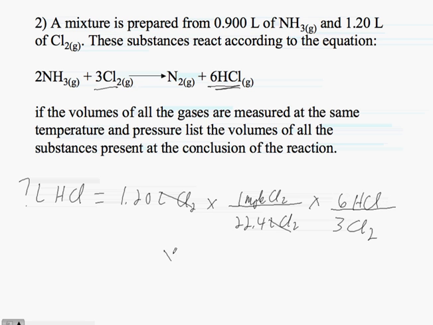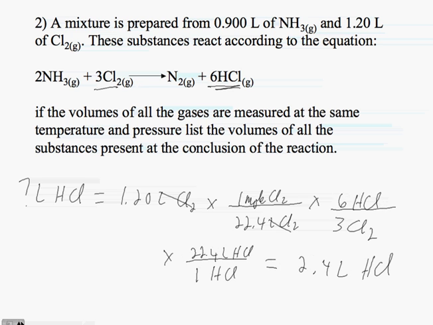And then I convert my hydrogen chloride gas into liters, which is 22.4 liters of HCl for every 1 mole of HCl, which is equivalent to 2.4 liters of HCl.